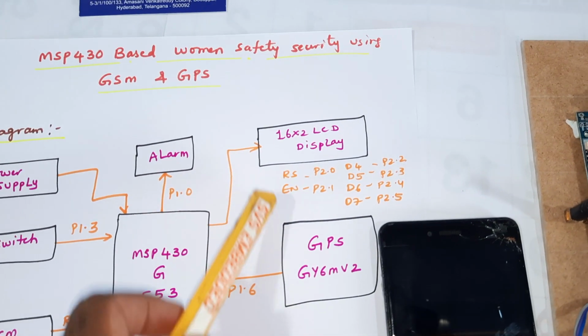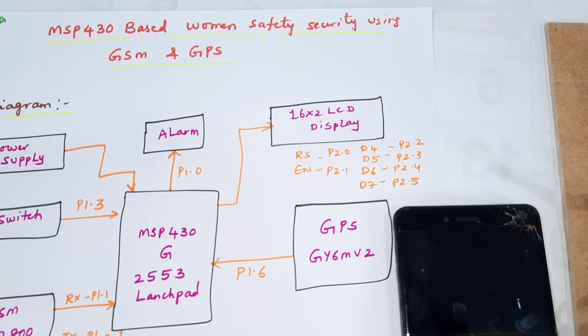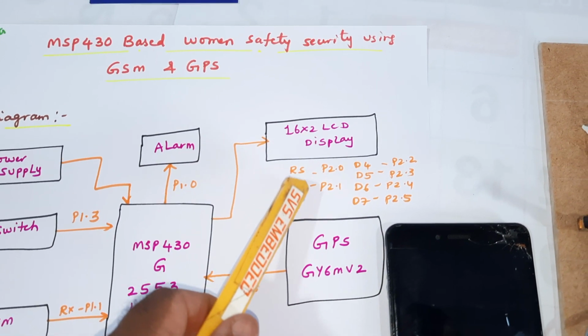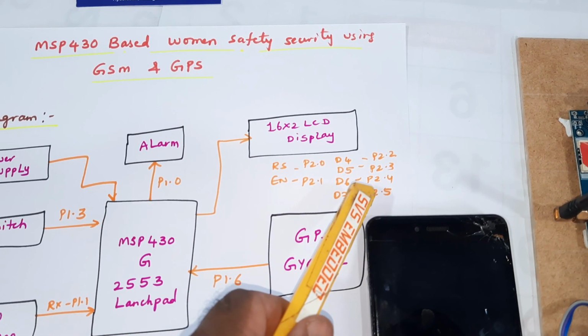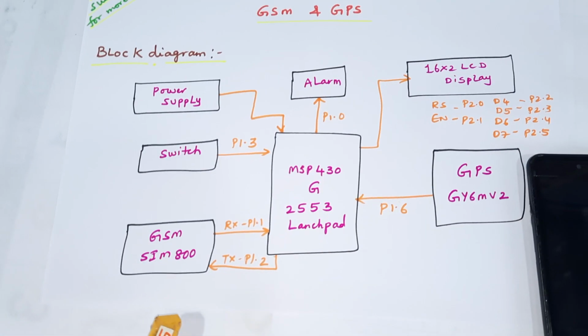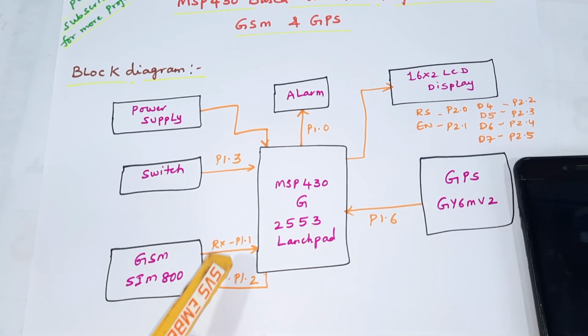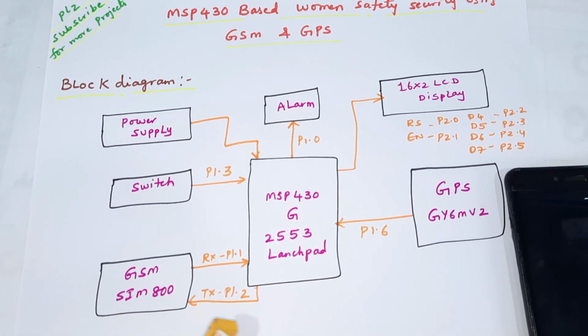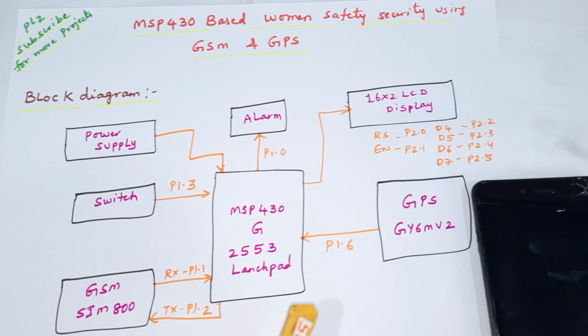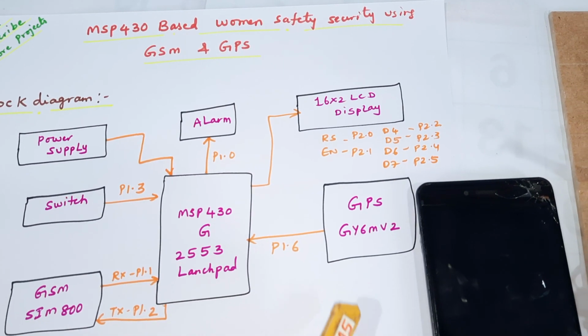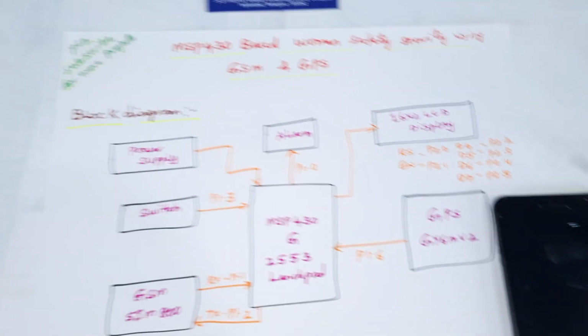And the LCD is connected with RS, enable, D4, D5, D6, D7 to P2.0, P2.1, P2.2, P2.3, P2.4, P2.5. The GSM SIM800 is connected with RX and TX on P1.1 and P1.2, serial UART communication, and the GPS serial communication is connected to P1.6.